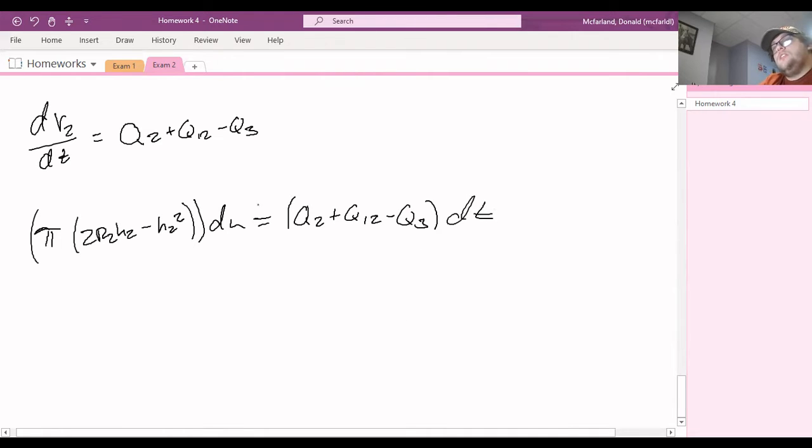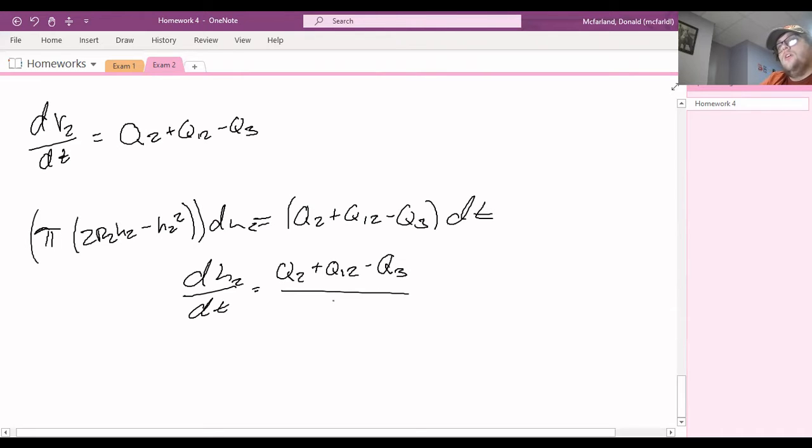Same deal, moving dt to the left side, this expression to the right side. Left with dh/dt, the change in height in tank 2 with respect to time, equal to the flow rate going into tank 2 minus the flow rate going out of tank 2. All of that over the change in volume.